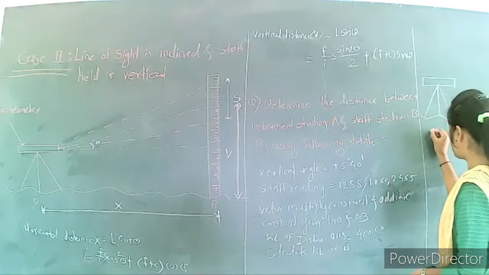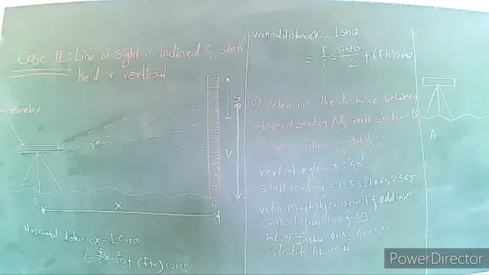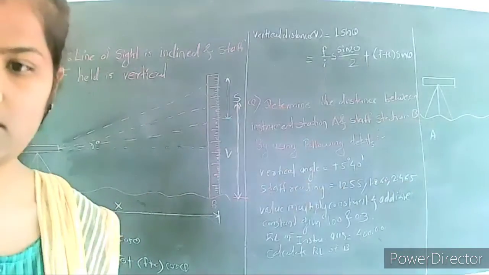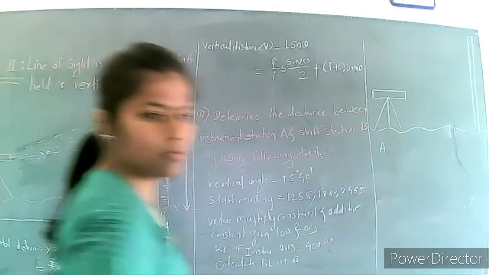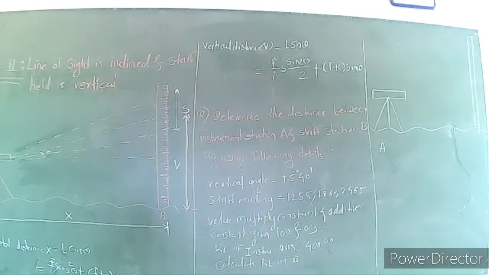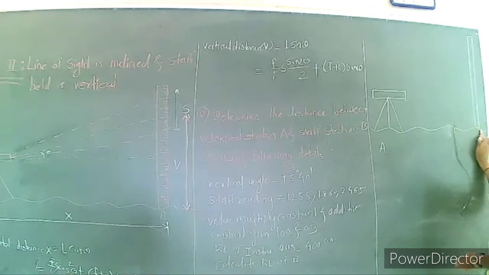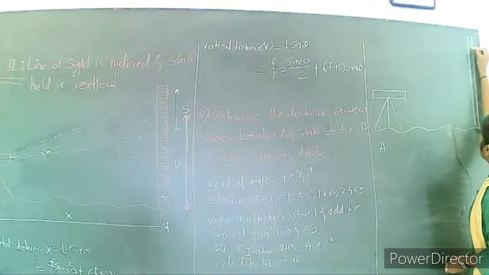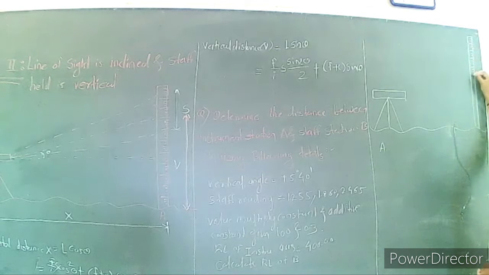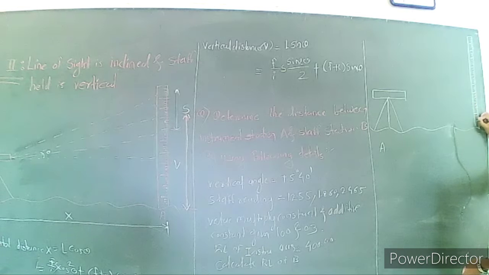The instrument is placed at point A, so we note it at A, and at station point B we place the staff.